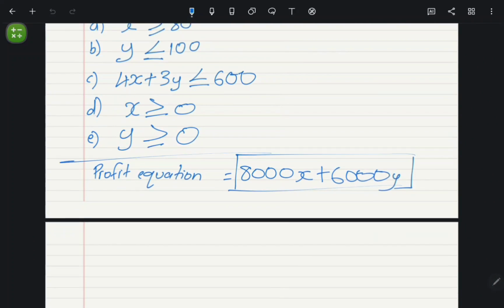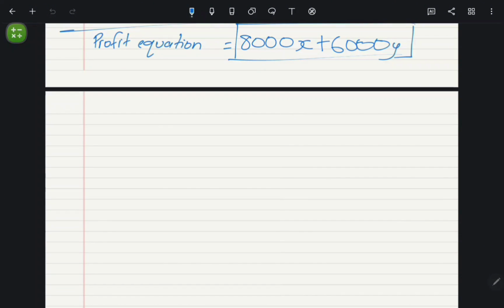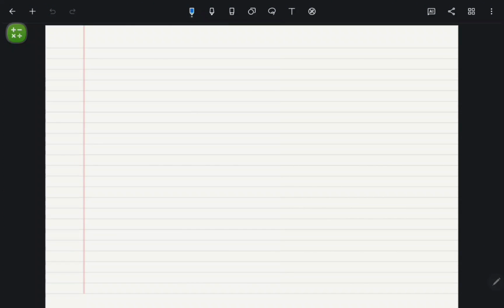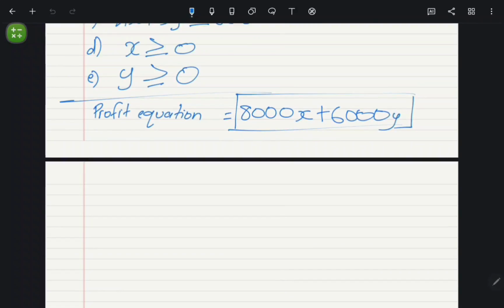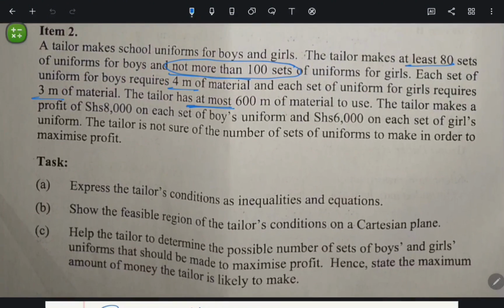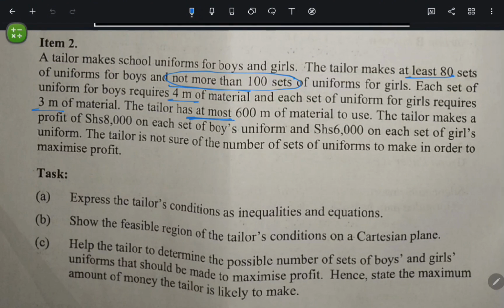So when we come here, we are going to see that our task of part B was requiring us to represent or to show the feasible region of the tailor's conditions on a Cartesian plane.